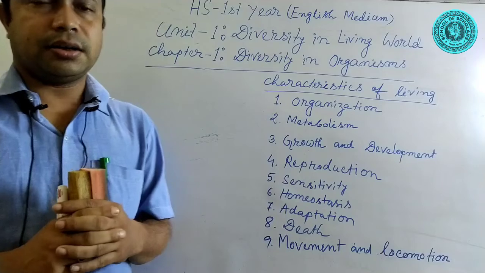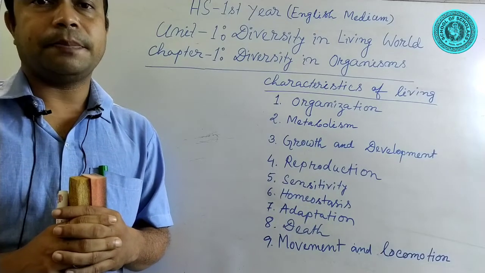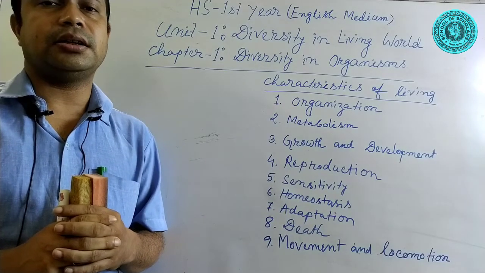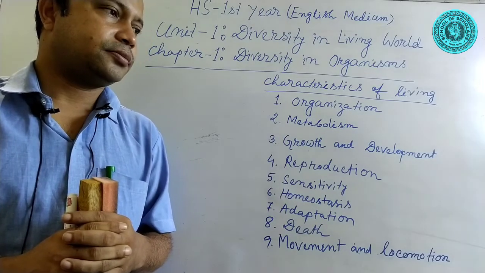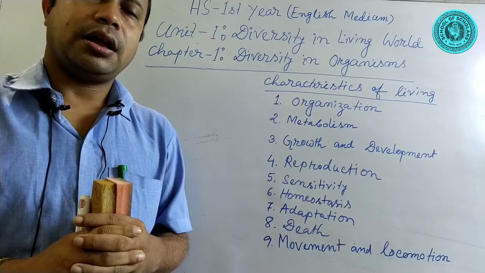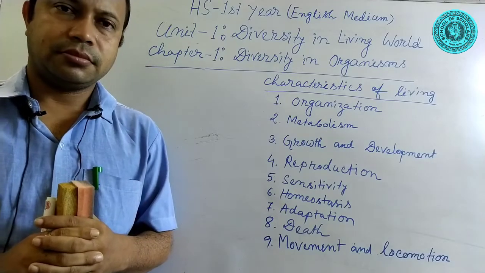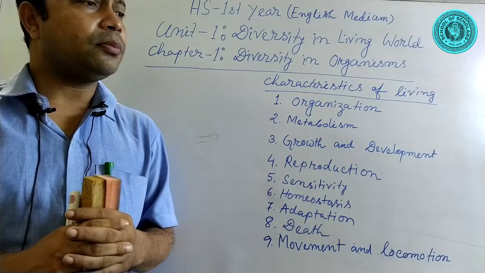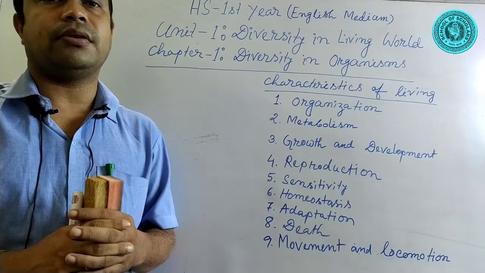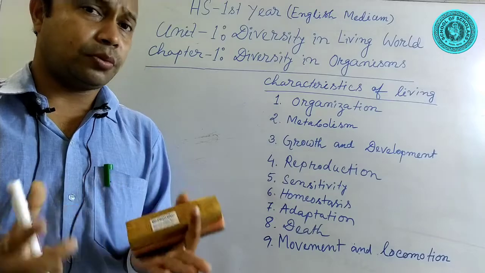Protoplasm is a living matter, and the presence of protoplasm is an important characteristic of living beings. And scientists, namely Huxley, called the protoplasm the physical basis of life. What is protoplasm?